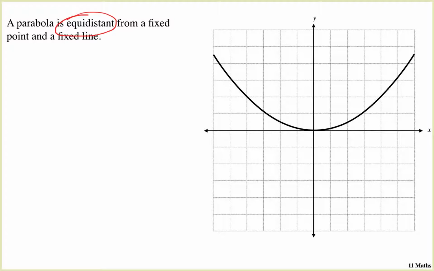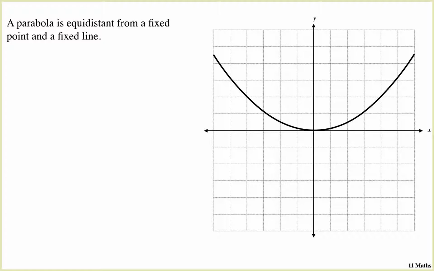Now that fixed point is called the focus, and the fixed line is called the directrix. When I draw a line from the focus to my parabola and back to the directrix, that's the same length. If I went out the other way, from the focus to the parabola, and then from the focus to the directrix, it is the same length. So effectively, we need to remember that that's always a fixed length.